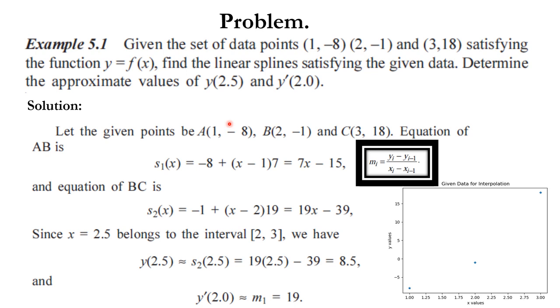So we have to find the linear spline satisfying the given data and also determine the approximate values of y of 2.5 and y prime of 2.0. So remember the linear spline equation: si of x equal to yi minus 1 plus mi into x minus xi minus 1.